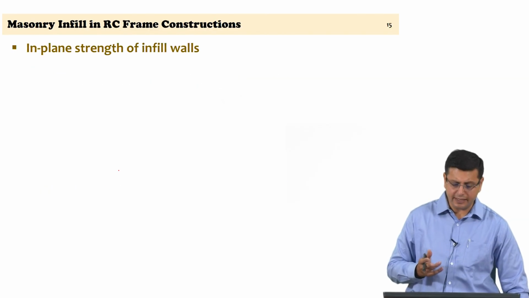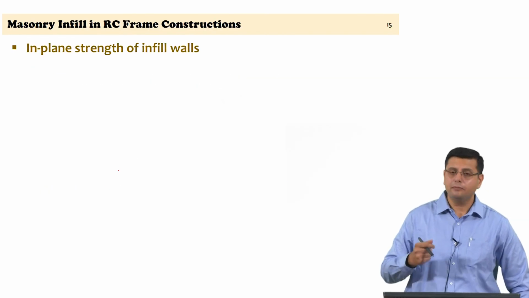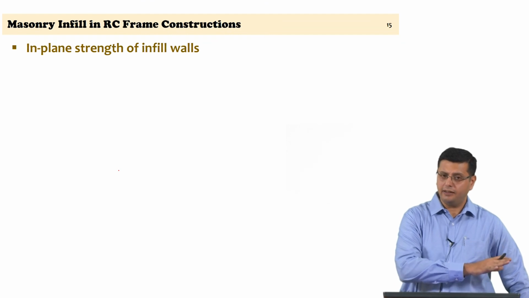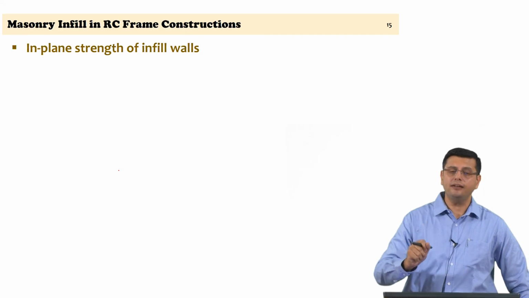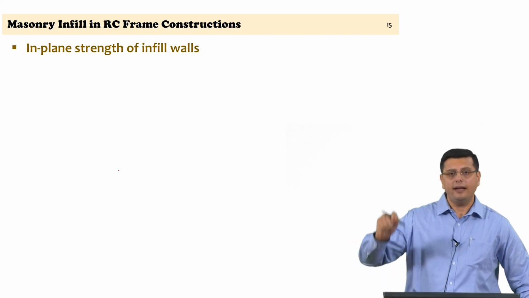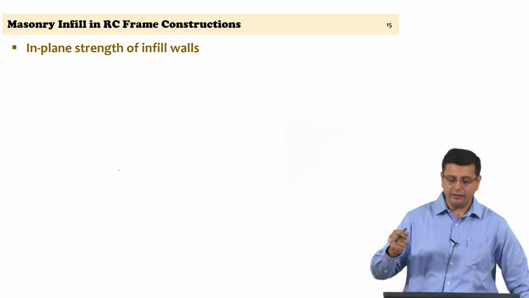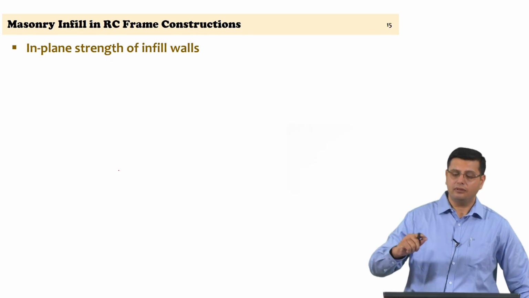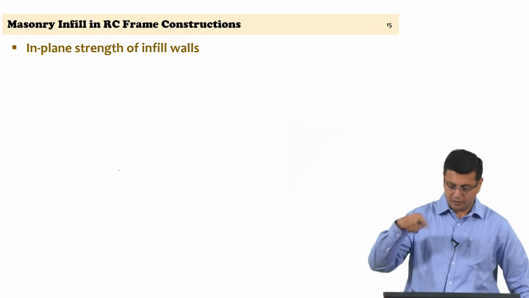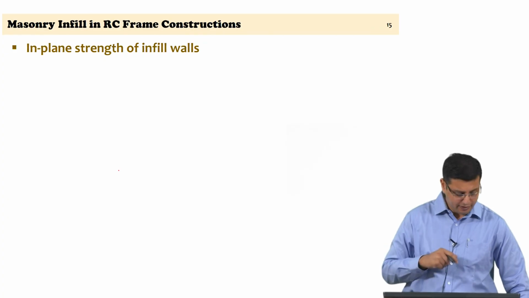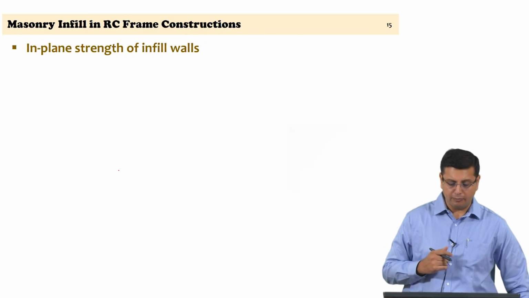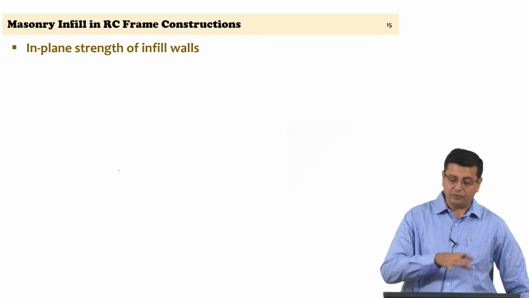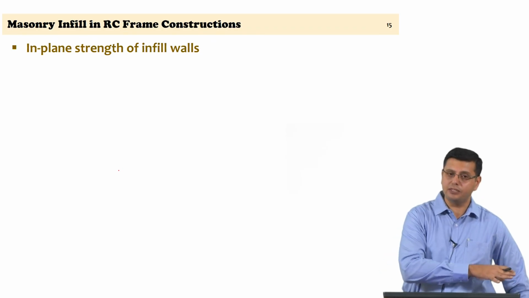The earlier expression was to arrive at a width of the equivalent strut, so that you then go to your model and model the interaction using braces in the model of the reinforced concrete moment resisting frame itself. So, that was more from a stiffness point of view.